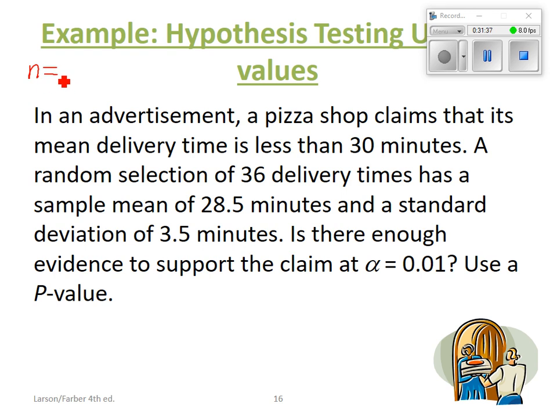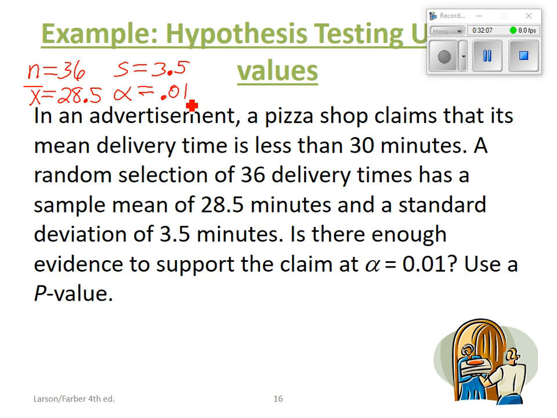So n is 36, and our sample mean, x bar, is 28.5. Our sample standard deviation is 3.5. And our level of significance is 0.01, so 1% level of significance.